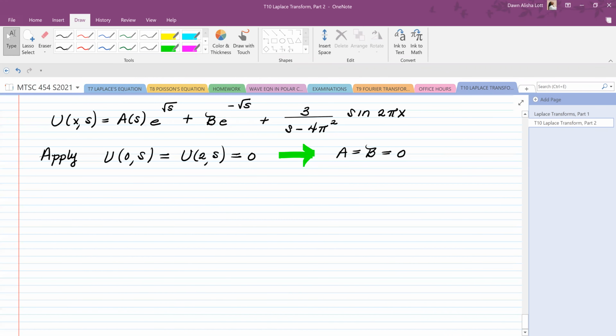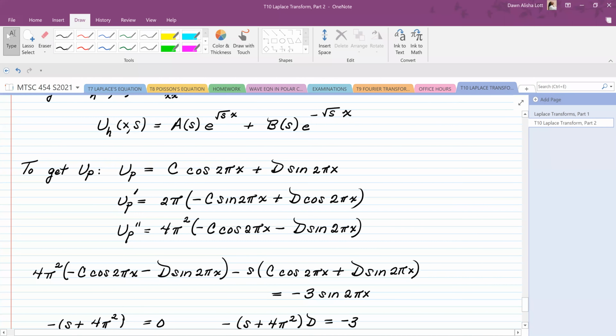It's actually not hard to show. You get A e to the square root of s plus b e to the minus square root of s. I feel like I'm missing an x in here. Yep, I am missing an x.